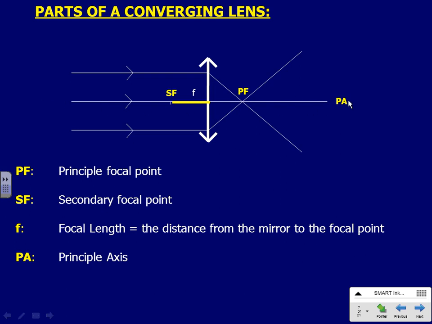If you've got your ruler, draw the line right down the middle. It's called the PA. We know what that is already. That's the principal axis. If you don't have a protractor, we do want it perfectly perpendicular, but you can eye that up. Draw your lens up and down here, and put the arrows pointing up and down. And that's the lens.